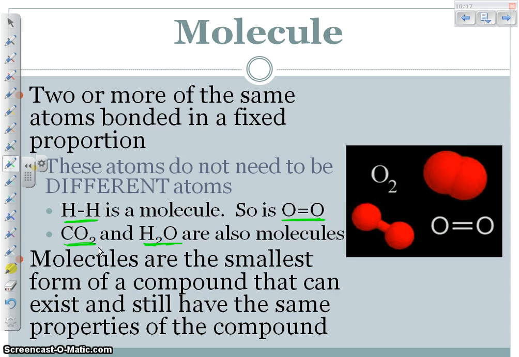Basically, a molecule is one of the smallest versions of, in this case, a compound, so the smallest form of a compound that still maintains those properties, or when you get 2 atoms of the same element bonding together, and it's just 2 individual atoms. Okay, so molecules are the smallest form of a compound. They can exist and still have the same properties, but it can also include, again, multiple versions of the same element bonding together.